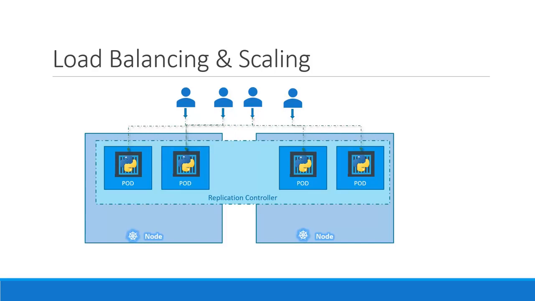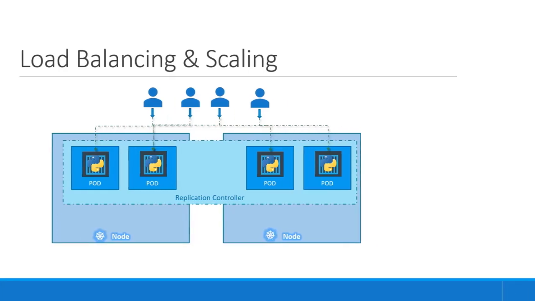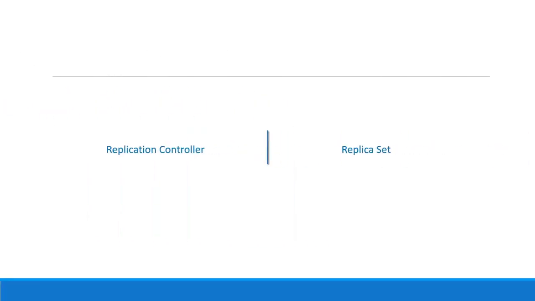As you can see, the replication controller spans across multiple nodes in the cluster. It helps us balance the load across multiple pods on different nodes as well as scale our application when the demand increases.